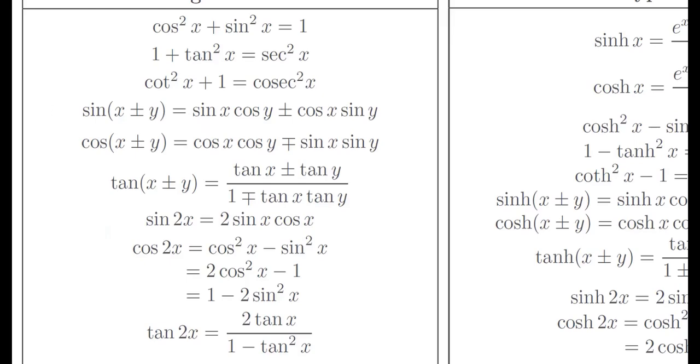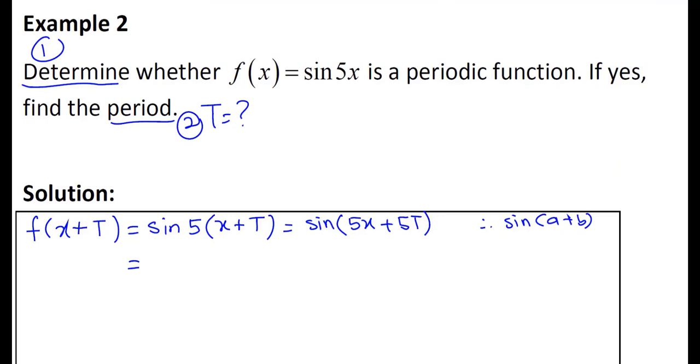Sin (x + y) is equal to sin x cos y plus cos x sin y. So here we get sin 5x cos 5T plus cos 5x sin 5T.